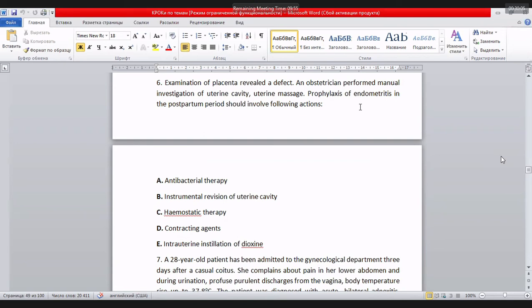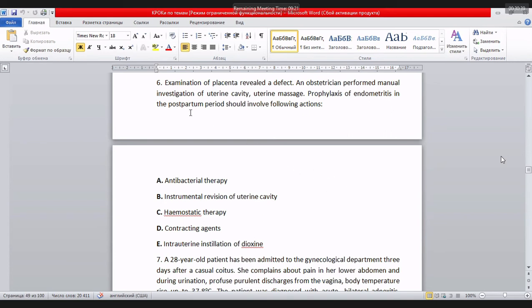Prophylaxis of endometritis in the postpartum period should involve following actions: antibacterial therapy, instrumental revision, hemostatic therapy, contracting agents, intrauterine instillation of dioxidine. All this may be possible, but first of all, in order to perform prophylaxis of endometritis after the uterine investigation, of course, we indicate antibacterial therapy. Instrumental revision, no sense. We have other indications for this operation.